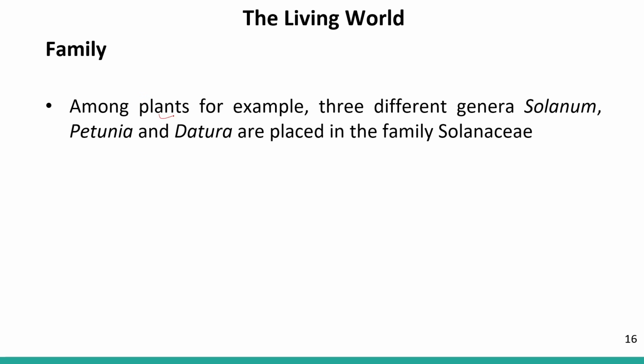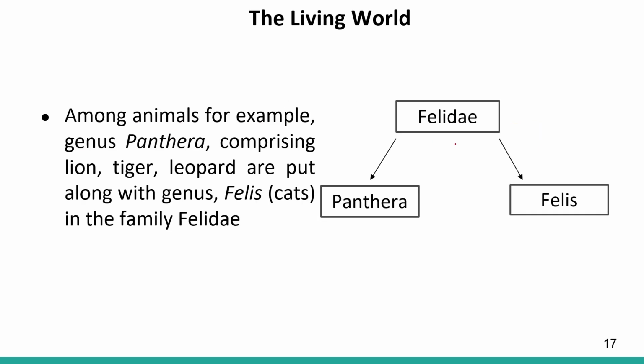Among plants, for example, three different genera: Solanum, Petunia, and Datura. Family is a collection of different genera which share some common characteristics. So all these genera, Solanum, Petunia, and Datura, come under the family Solanaceae. So this is the example here.